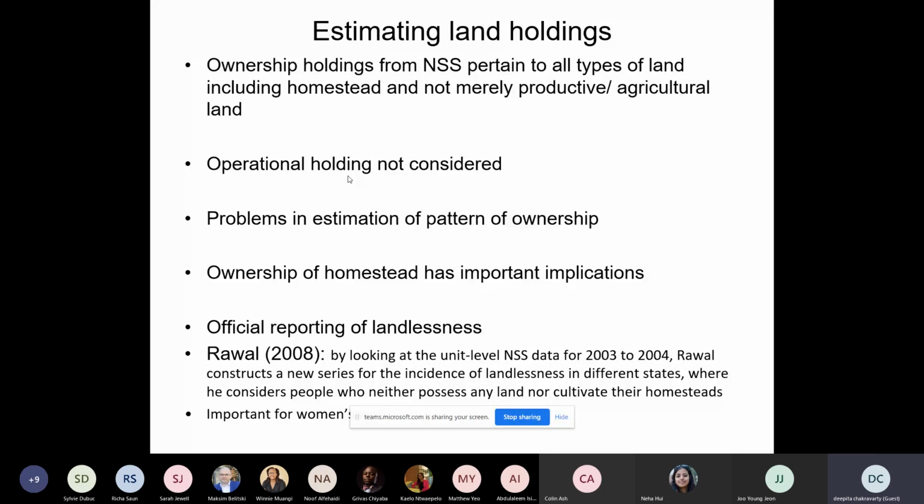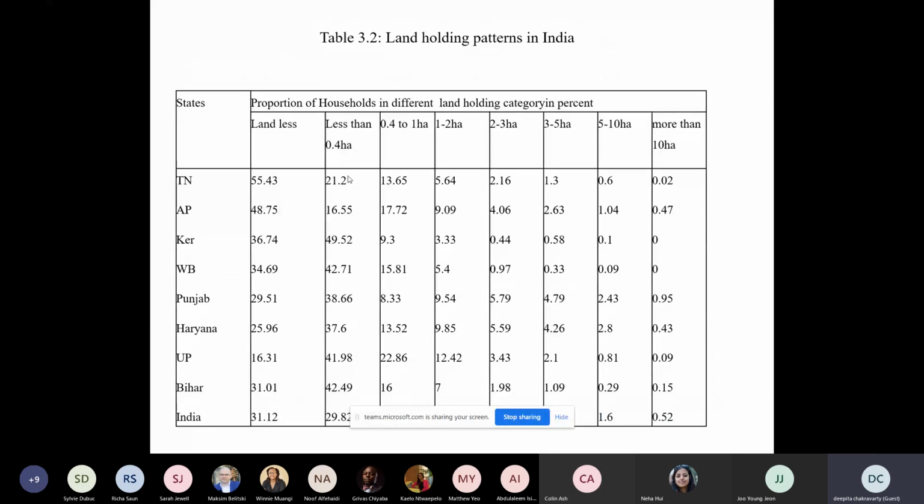Let us take a look at part of Vikas Rawal's data closely. Now, I'll come back to this table once again. Before that, let me quickly tell you some of the major findings from this table that I would like to highlight. Naturally, the objective of Vikas Rawal's paper was much different.